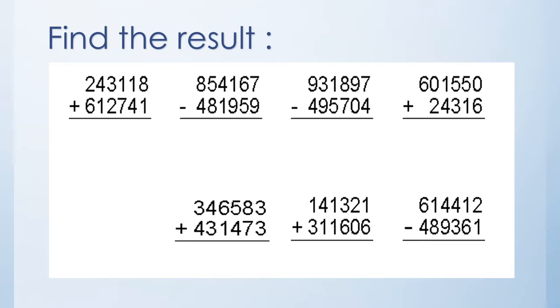Question number 1. Find the result. 601,550 plus 24,316. As we know, we start with ones. 0 plus 6 equals 6. 5 plus 1, after 5, 6. 5 plus 3, after 5, 6, 7, 8. 1 plus 4, after 4, 5. 0 plus 2 equals 2.